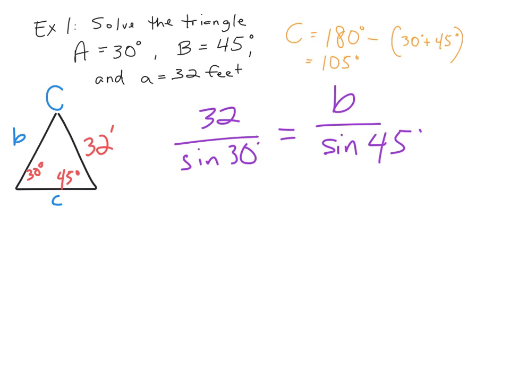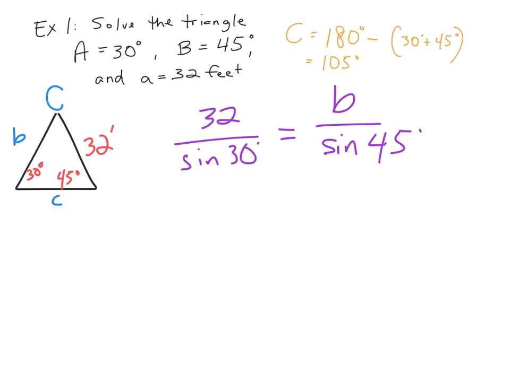So, a couple ways that we can look at this. It's a proportion, so that means that we can look at this as cross multiplication if we want to. The two crosses will be equal to one another.